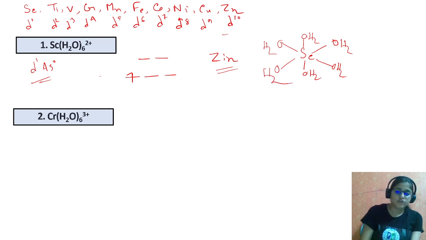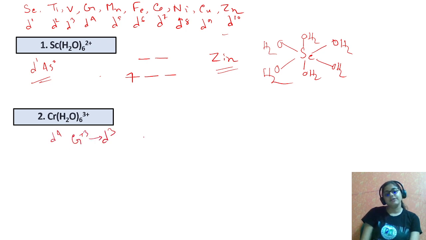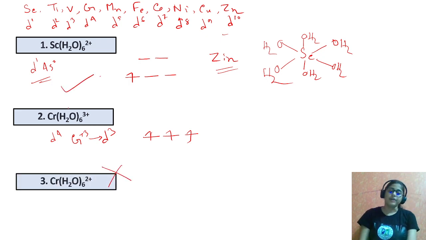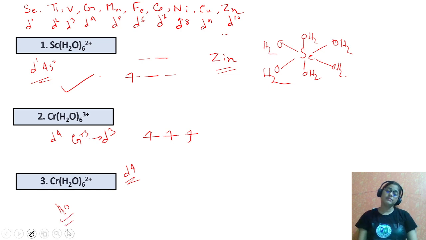Fine. And chromium 3 plus, okay, chromium is D4, but chromium 3 plus will be D3, and we know for the case of D3 what will happen: symmetrically filled, it will have no distortion. Okay, now chromium 2 plus means D4, and D4 is high spin because H2O is a weak field ligand. Whenever strong field ligands like cyanide, CO, nitrosyl are present, that time a low spin complex will be there.